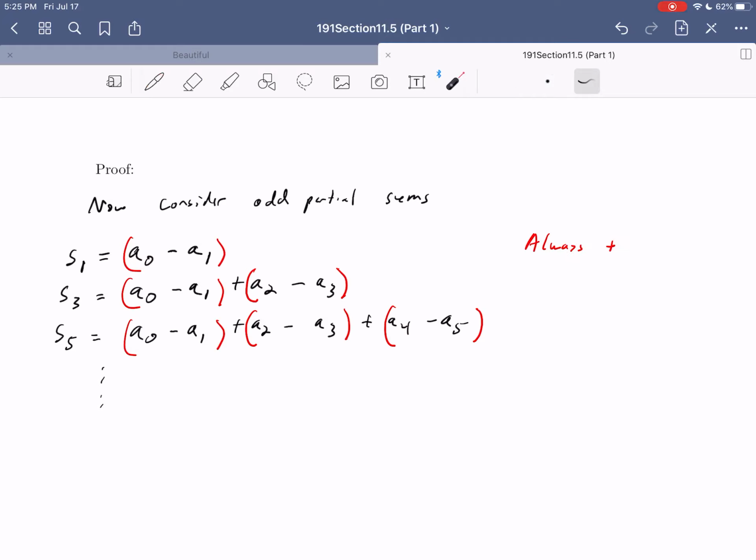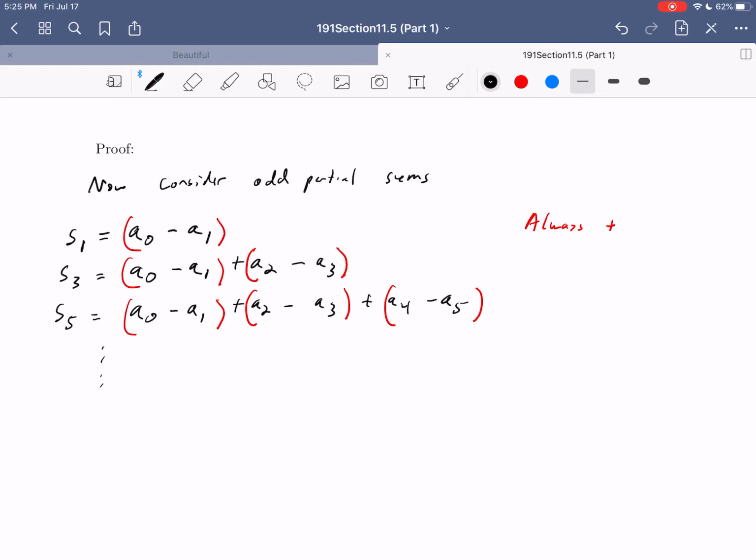How do we know that? Well, A0 is bigger than A1, A2 is bigger than A3, A4 is bigger than A5, so this is always positive. So that means S1 is this positive number, S3 is the same positive number plus another positive, then you've got the same 2 plus another one. That tells you that the odd partial sums are always increasing.